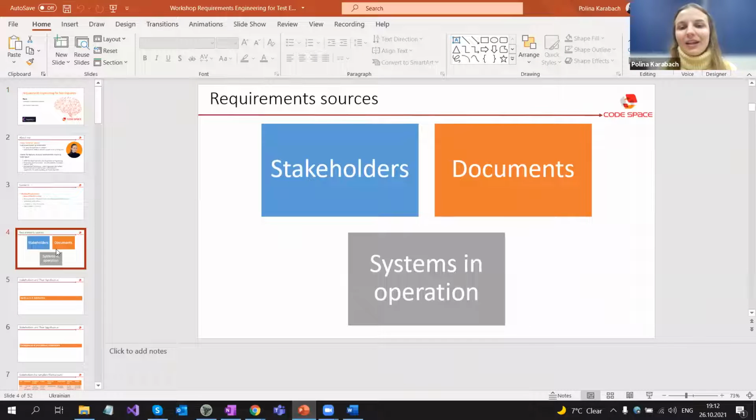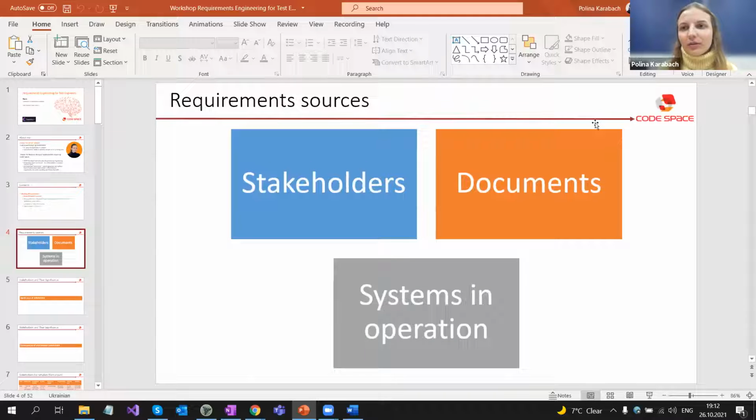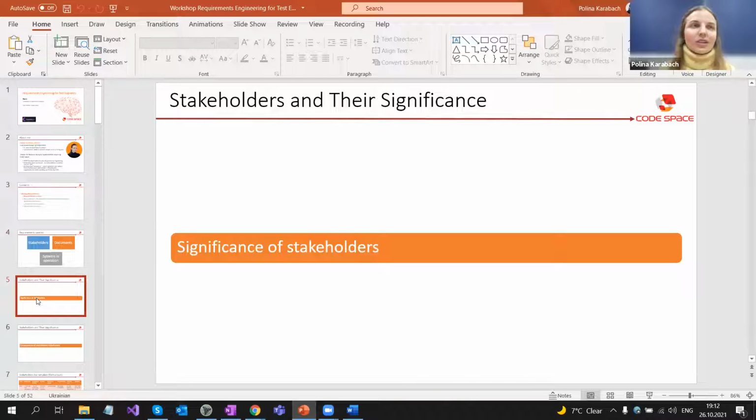Let's see. It could be also some documents, some maybe regulations that exist. Like yesterday, we've seen some standards like EU regulations for data privacy that would be a source of requirements for us. So things that constrain our solution. And some specifics about stakeholders.